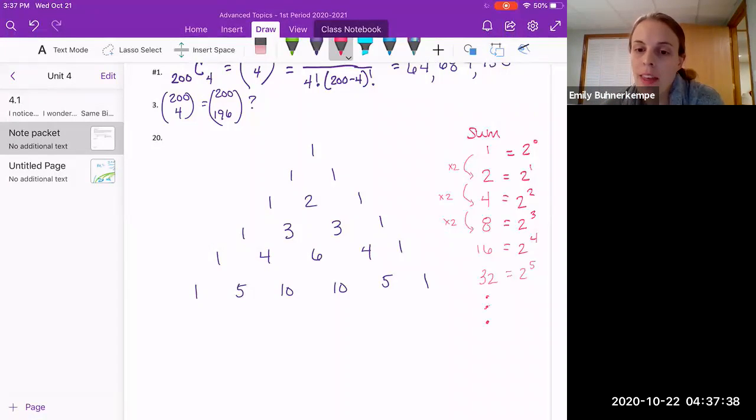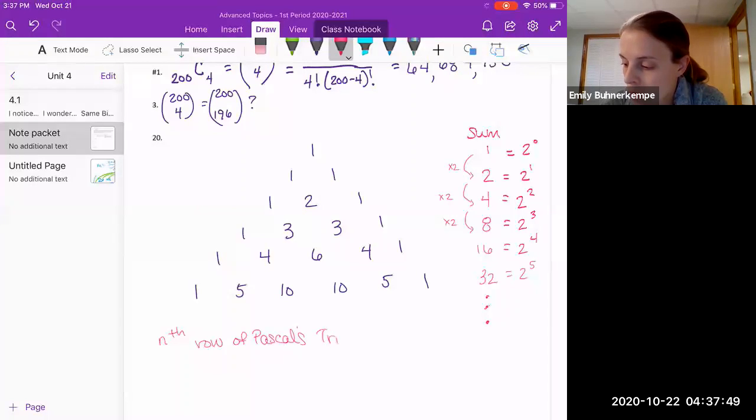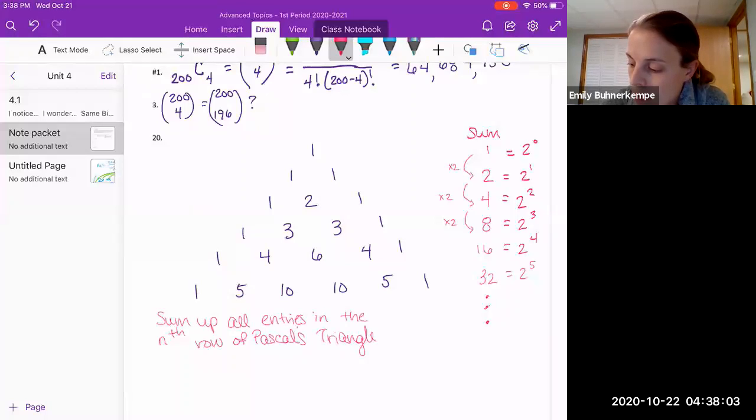So if you're looking at the nth row of Pascal's triangle, and you add up all the entries in that row, you would get 2 to the n power.